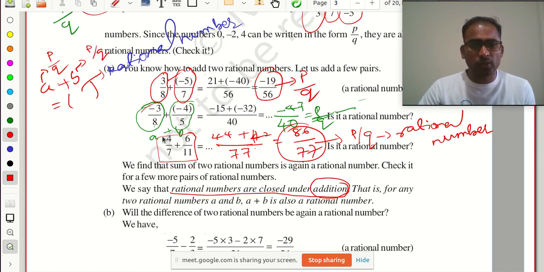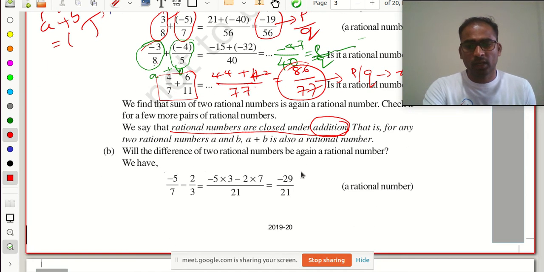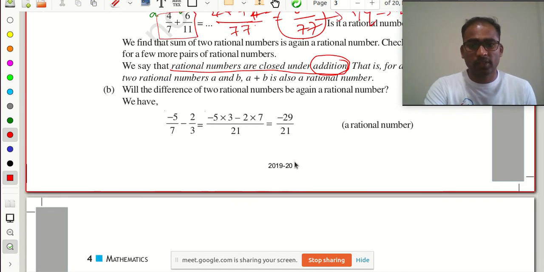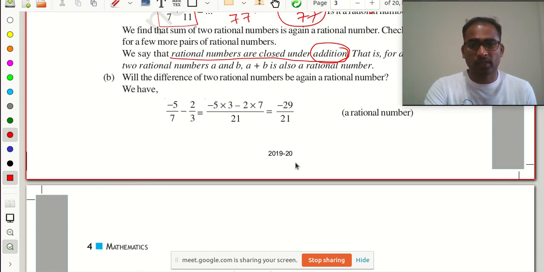For any two rational numbers A and B, the summation is also a rational number. So I can say these rational numbers are closed under addition.